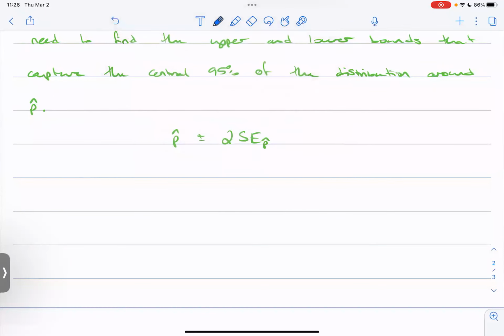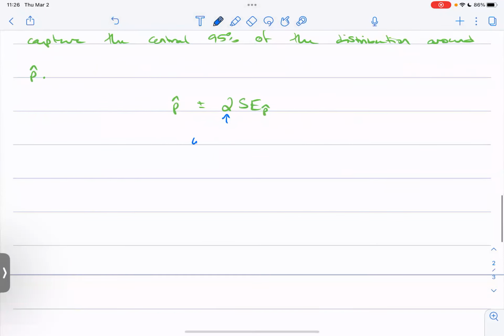So this value here, we can generalize as Z star. We're going to call that a critical value.